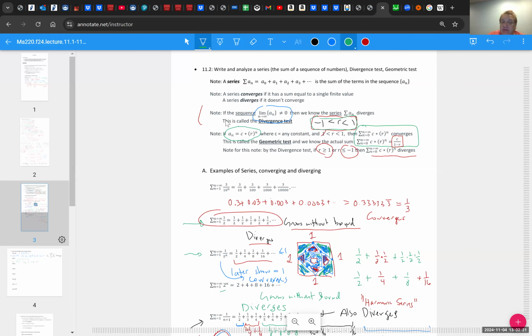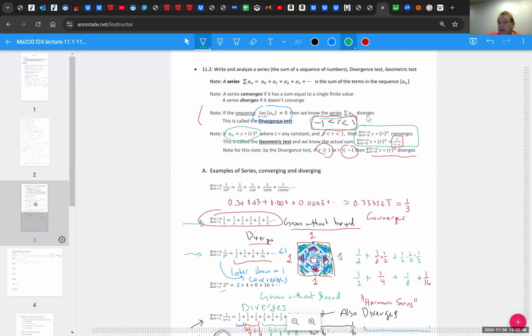The divergence test says if the sequence has a limit not equal to 0, then we know the series diverges. That's all it says. There's no part where it says if the limit of the sequence does equal 0 that we know anything. All we know is if the sequence has a limit not equal to 0, the series has to diverge.